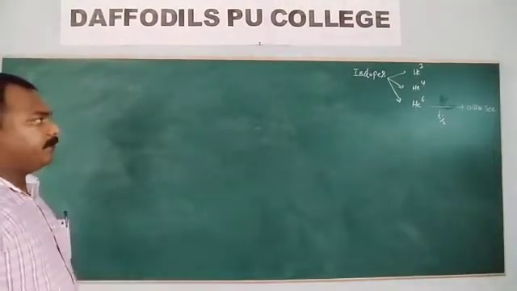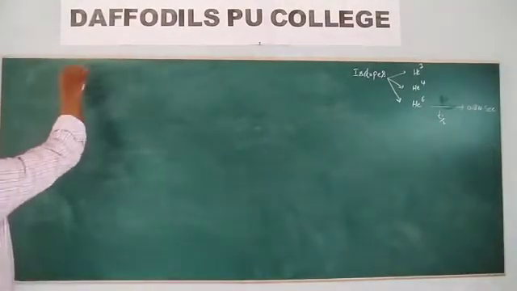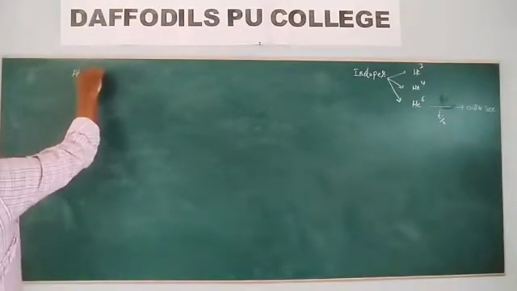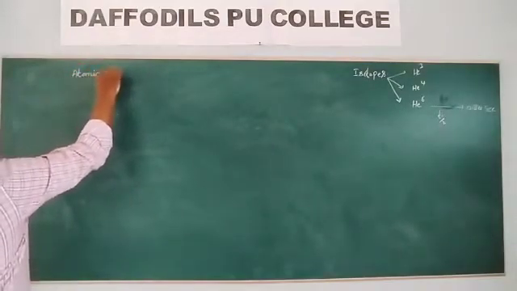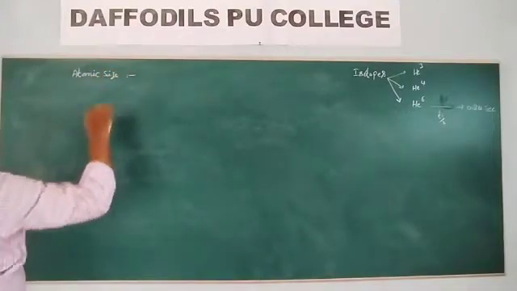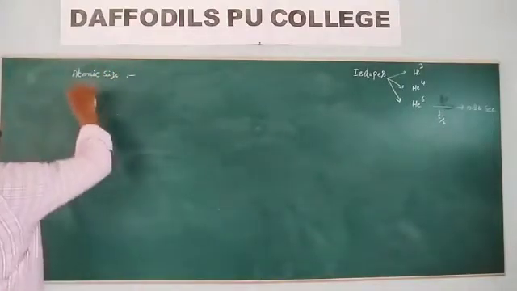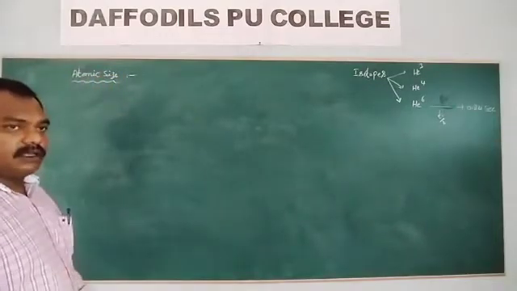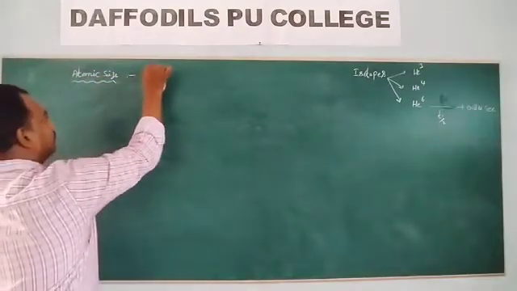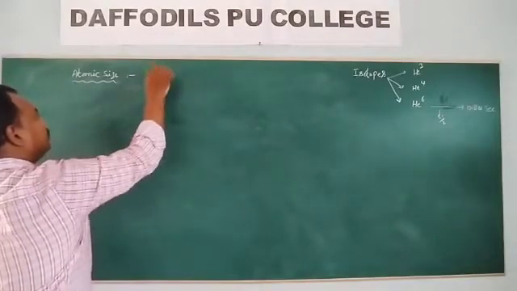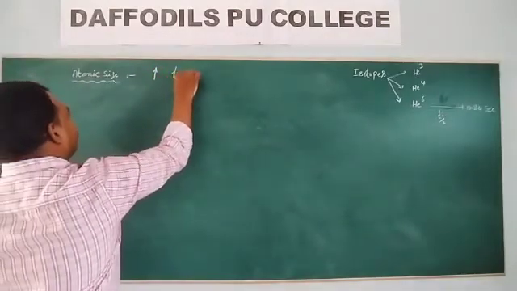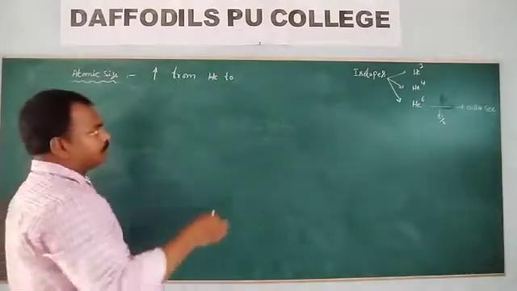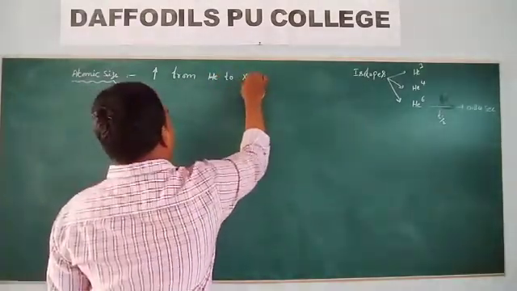So look at the properties of inert gases. Atomic size. What happens to atomic size in a group from top to bottom? It increases. So atomic size increases from helium to xenon.